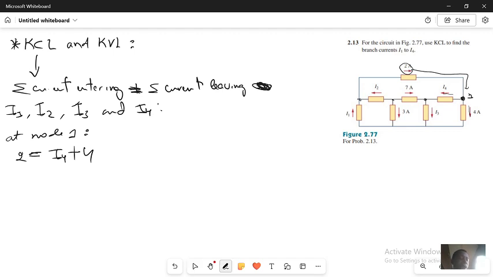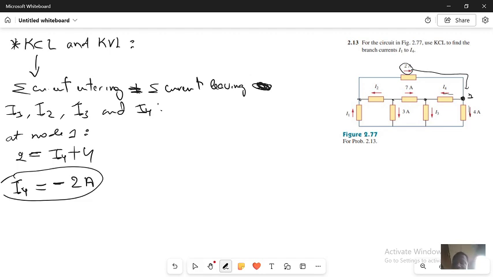In this case I get I4 equals 2 minus 4, which is minus 2 ampere. That is the value of I4. Now we found a minus. What does this minus mean?